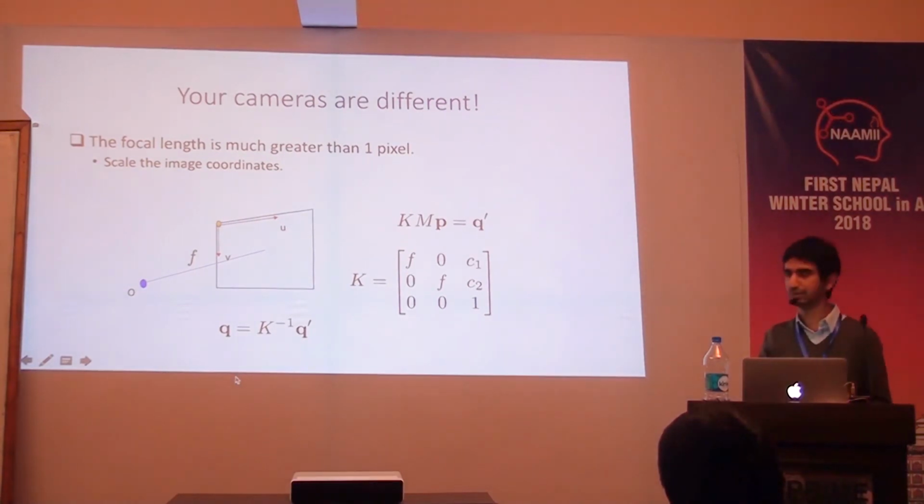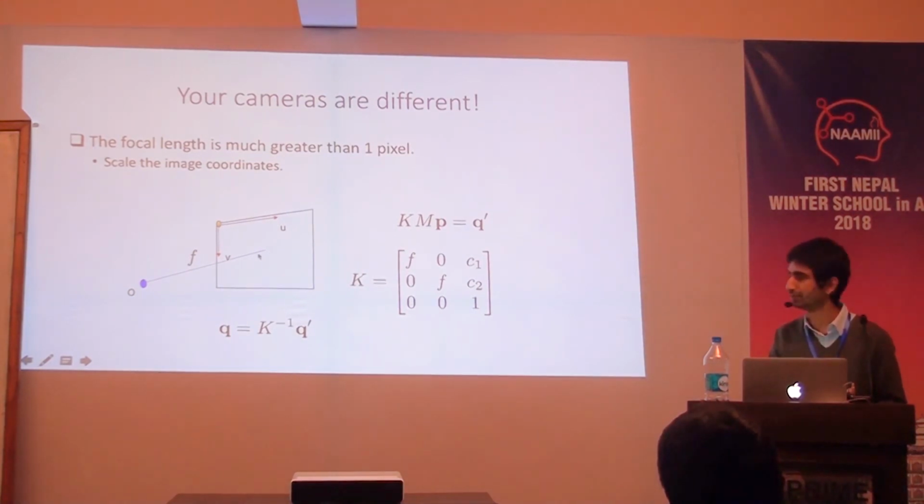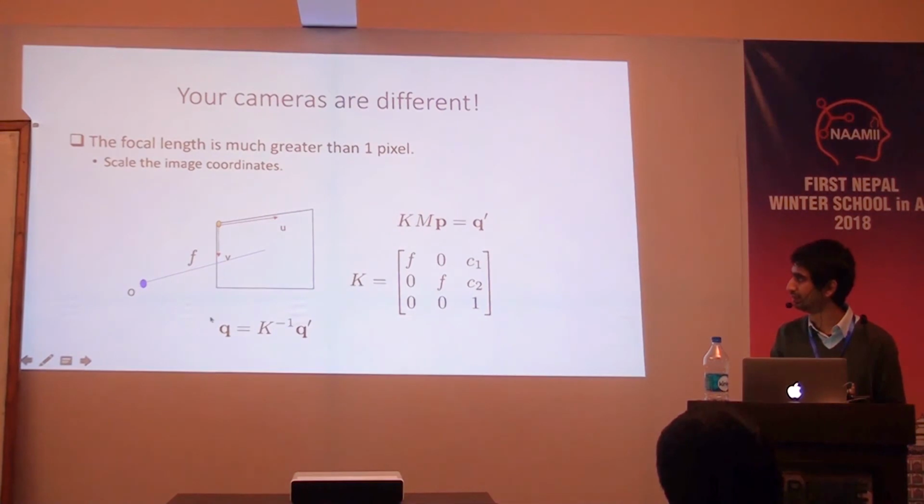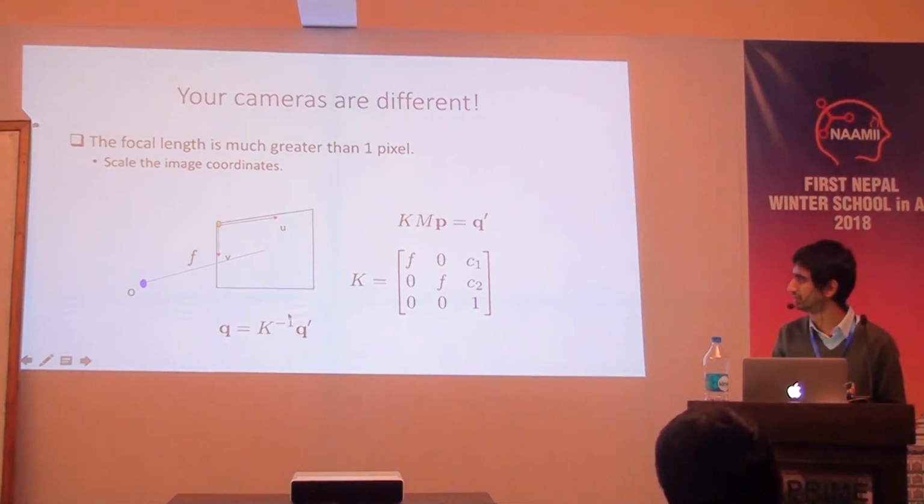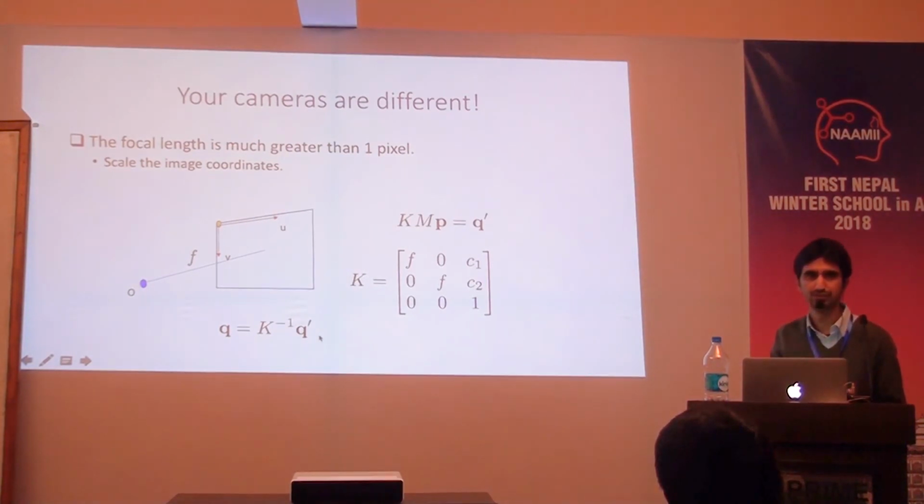Q was the coordinate system where the UV origin was in the center and the focal length was 1. Now if you have a focal length and the origin is not in the center, the new coordinates are Q prime, related to the old coordinates by Q equals K inverse Q prime.